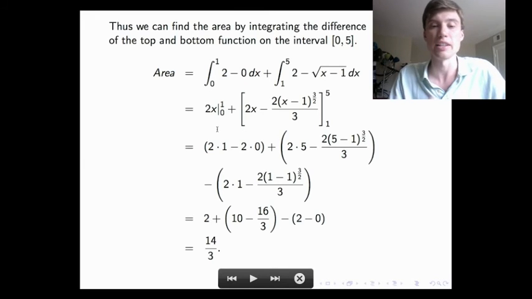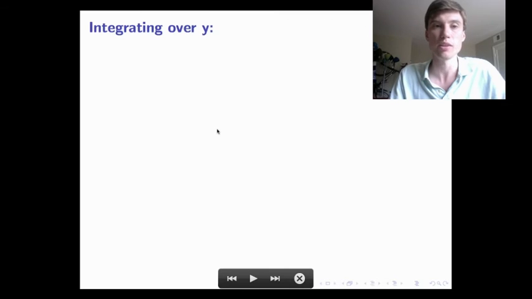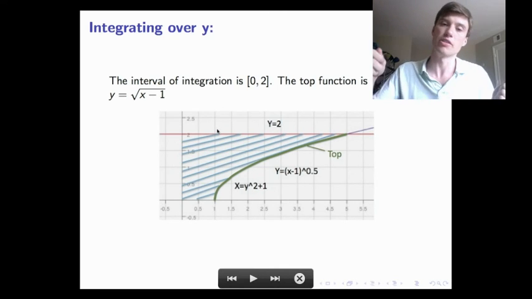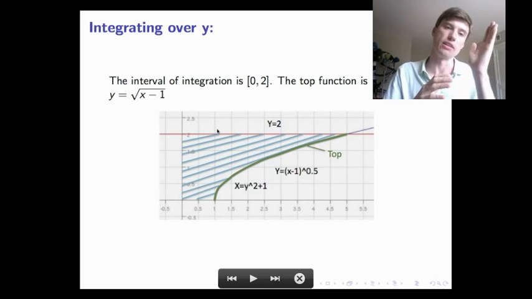Let's check and see if we get the same answer integrating with respect to y. If we're going to integrate with respect to y, we need to change our perspective. We're still looking for the top and bottom functions, but top and bottom mean different things relative to y. We're going to have to turn our heads and look at the top function relative to y.